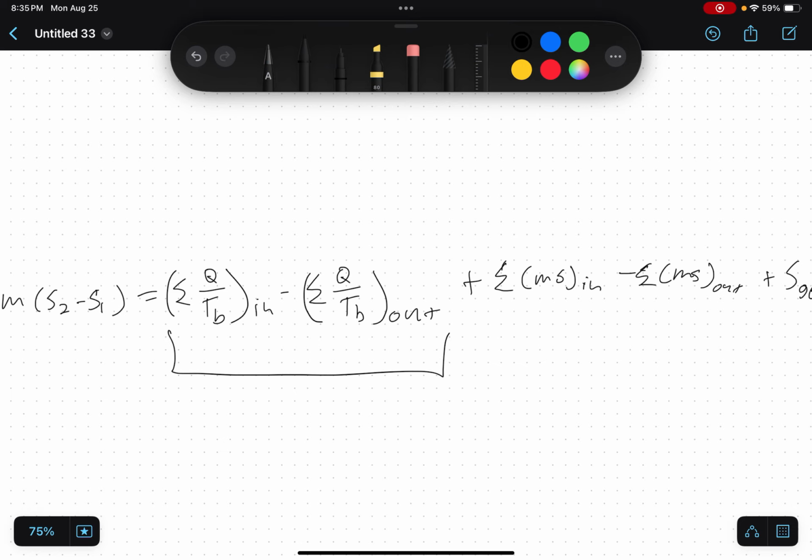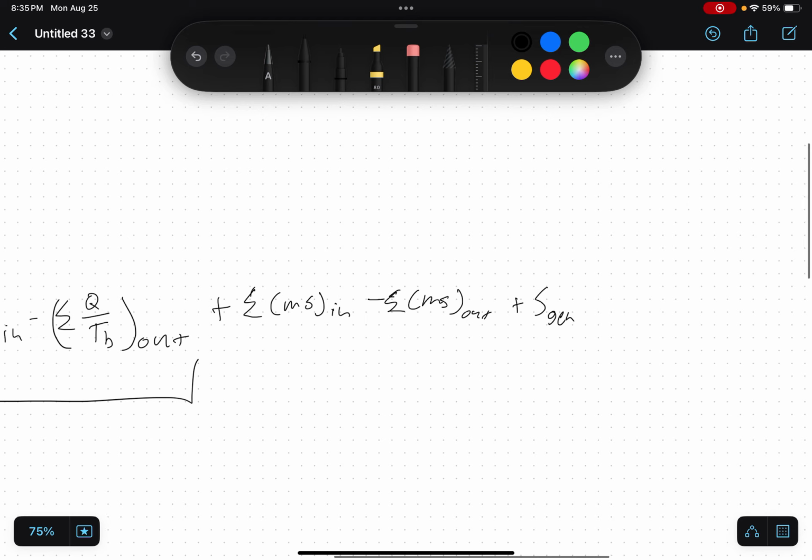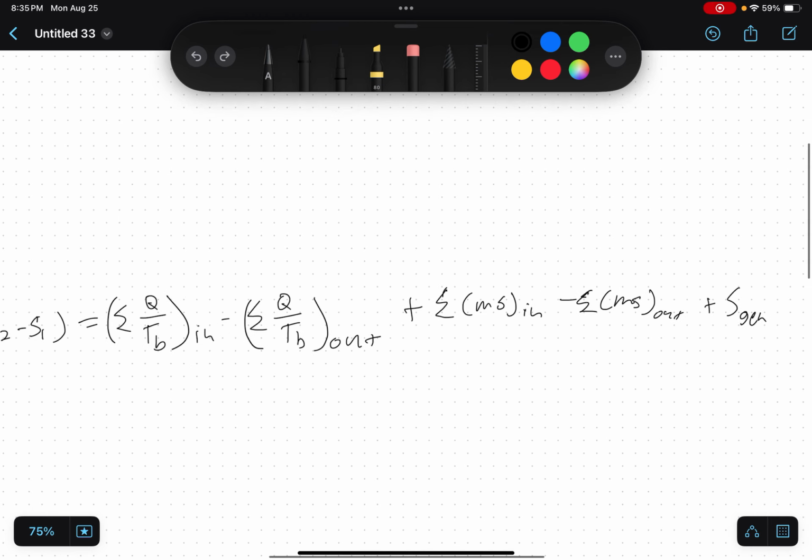These two I'll go over in a second when I do the Carnot efficiency. These two are like the mS terms. So if mass is entering or leaving the system, use the state of that mass to find the S, and then include that in this equation. That is literally it.